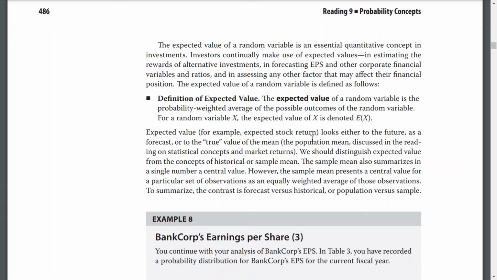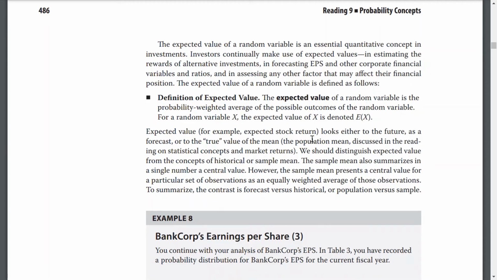Expected values, for example expected stock returns, look either to the future as a forecast or to the true value of the mean, the population mean discussed in the reading on statistical concepts and market returns. We should distinguish expected returns from the concept of the historical or sample mean.